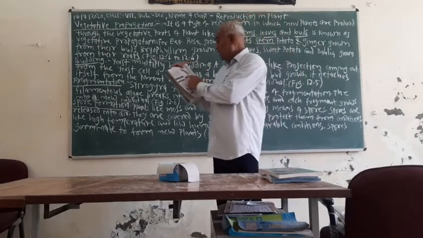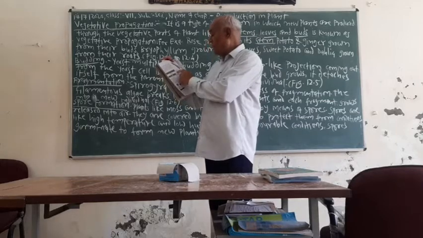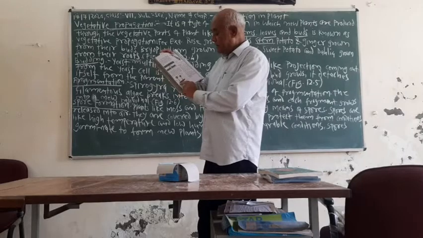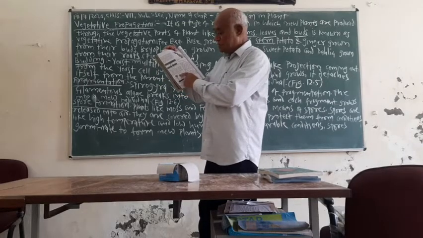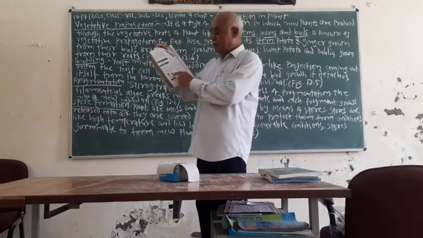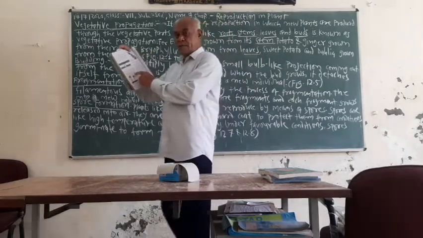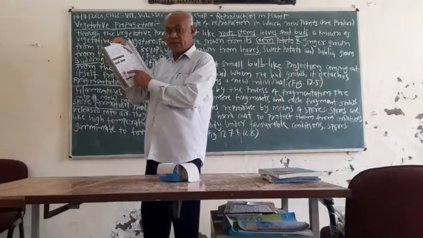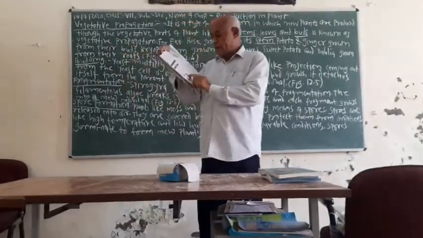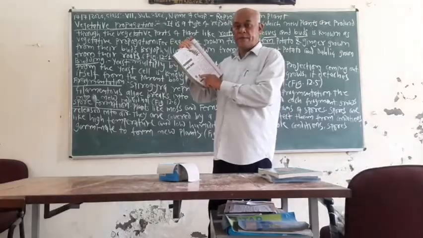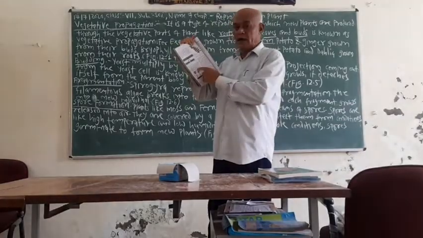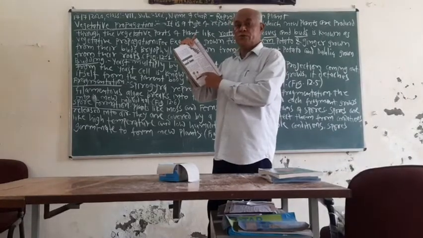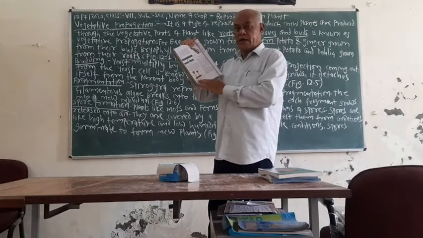These are the sori, meaning spore-forming bodies. This is the hypha, and the spores are released into the air and protect themselves with an outer covering called a cyst. If they find any favorable condition, they break the outer hard covering and reproduce there.